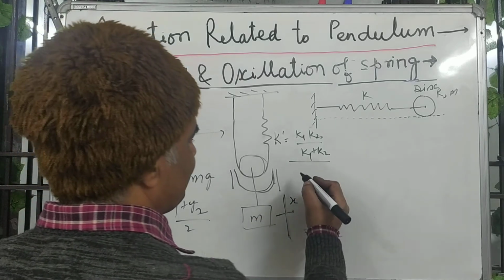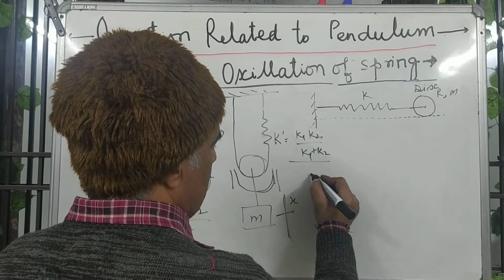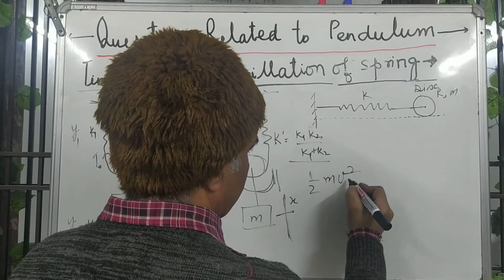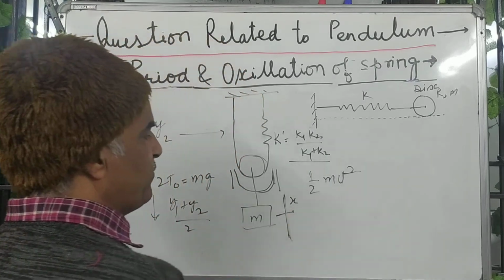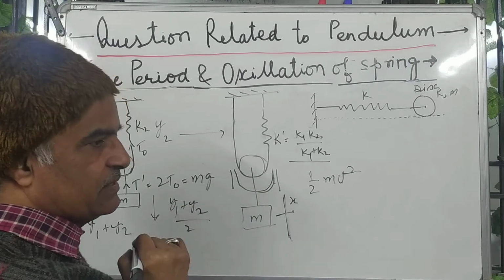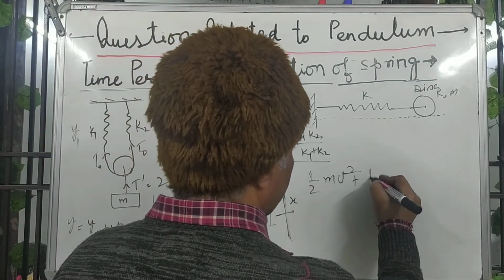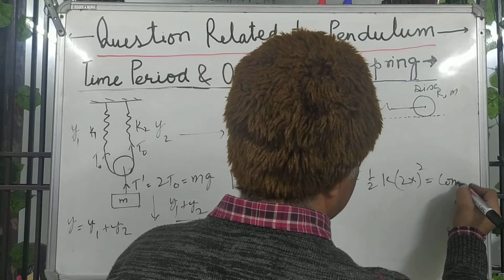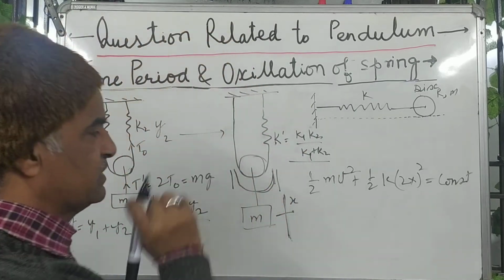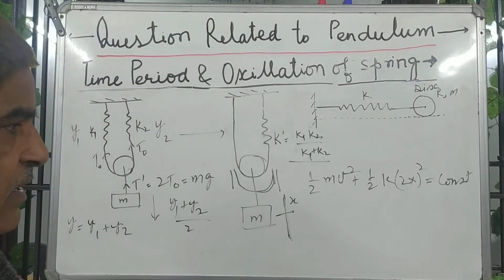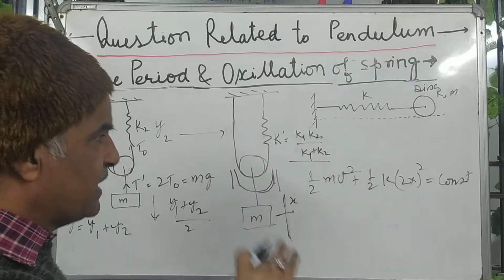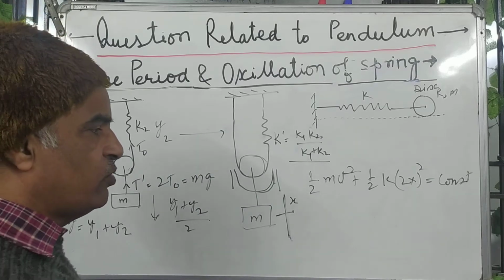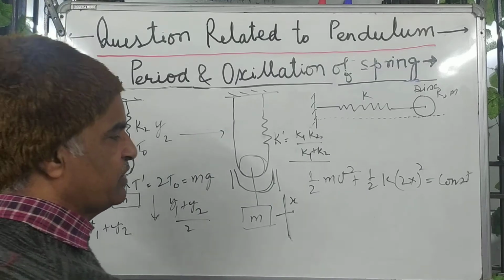So the energy equation: half mv square plus half k (2x) whole square is constant. This is the energy equation for this. Now differentiate it with respect to time t.